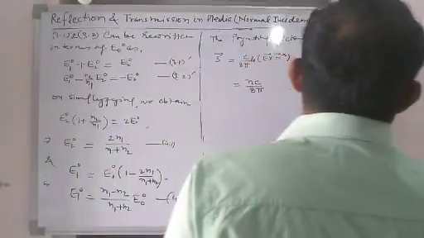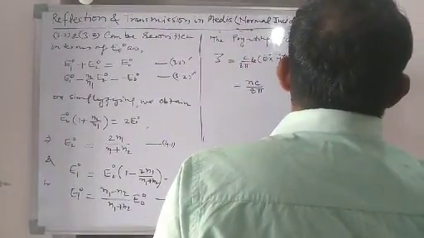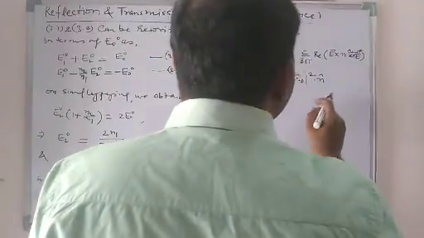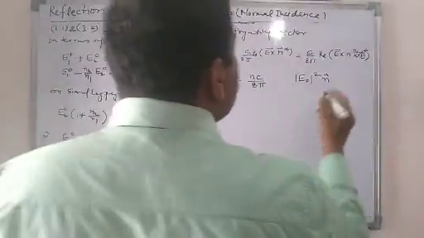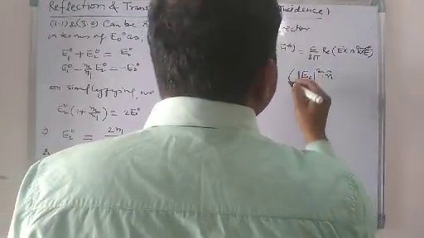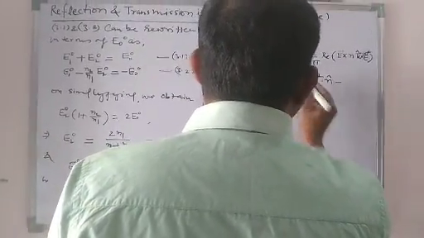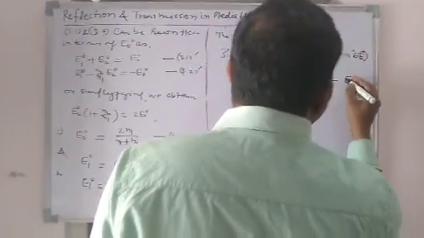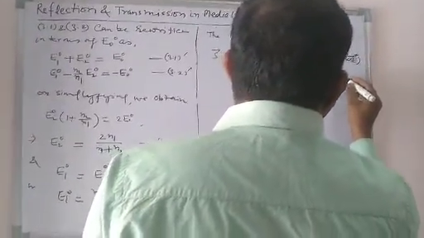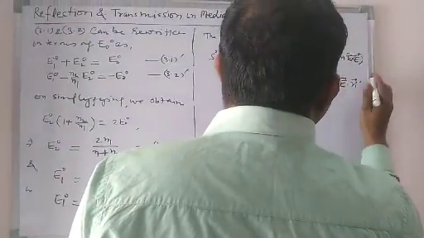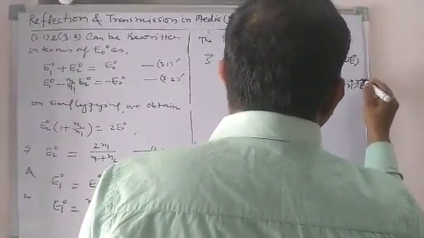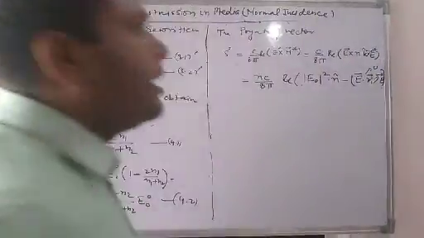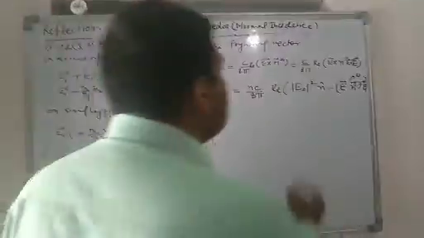So this is n hat K cross E. These simplifications will result in one term like this, and another term is simply E dot n hat cross E dot n hat dot E, and because E and n are normal to each other, this is going to be 0.